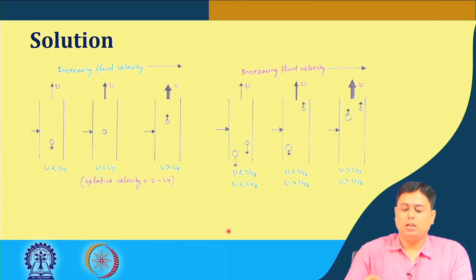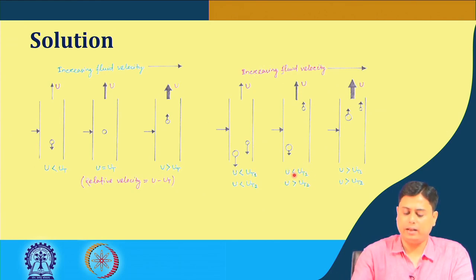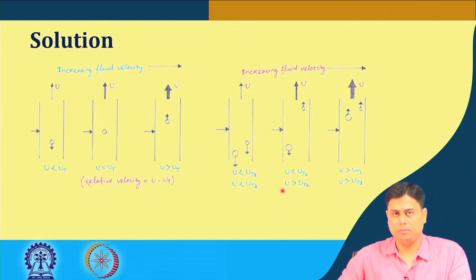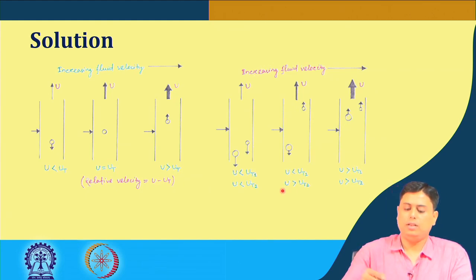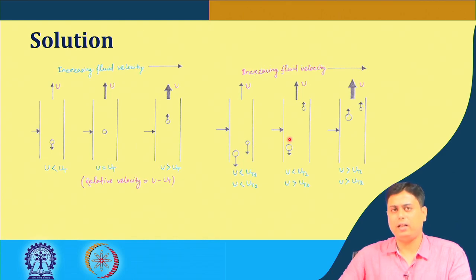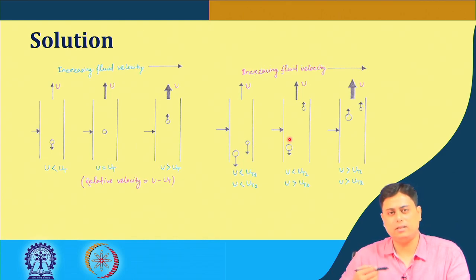In another scenario, when uT1 is greater than u, but the terminal velocity of the other material is lower than that, then one material will go away and one material will come down. Since the terminal velocity depends on the size as well, because size is the prominent factor, the terminal velocity varies as the square of the size, if you remember the expression.